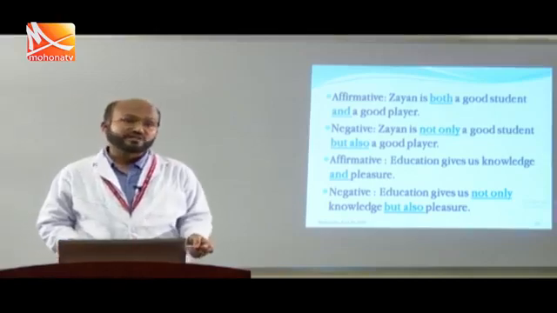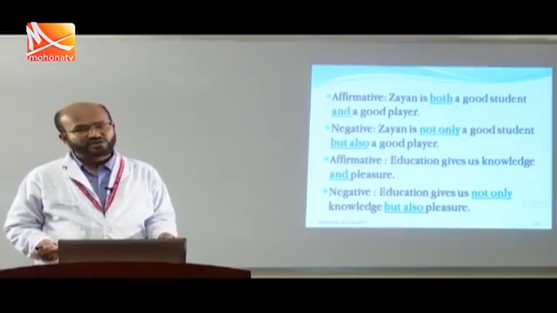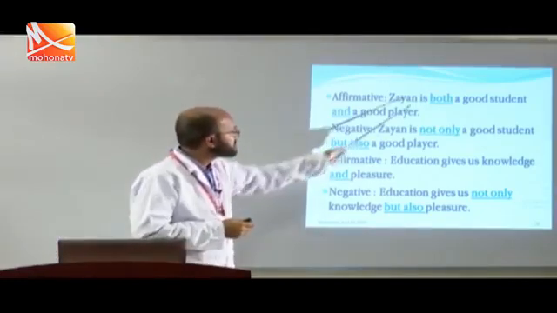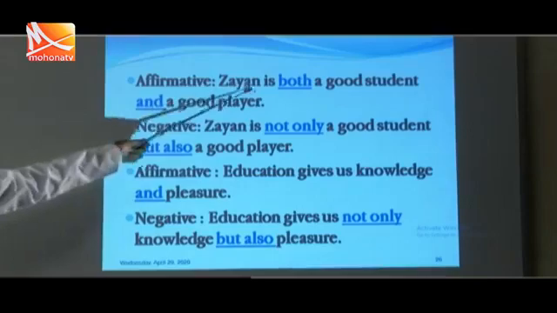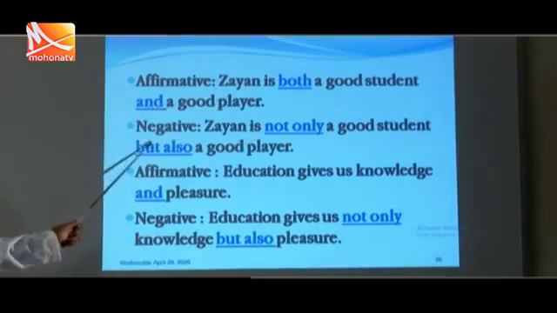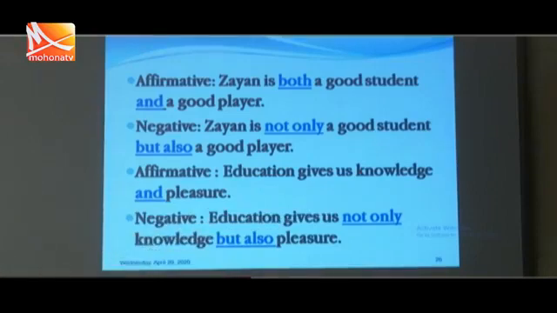So, here you see, we see only and, but in the previous one, both and. If the question is like this, only and, what will you do? Like this, not only but also. Education gives us not only knowledge but also pleasure. So, here you can say like not only but also.